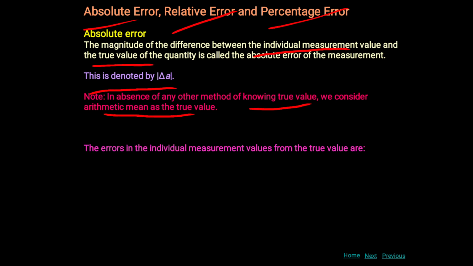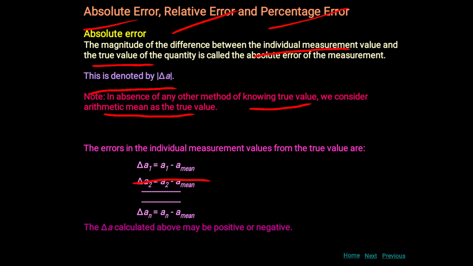The errors in the individual measurement values from the true value are: delta A1 equals A1 minus A mean, delta A2 equals A2 minus A mean, and delta AN equals AN minus A mean.